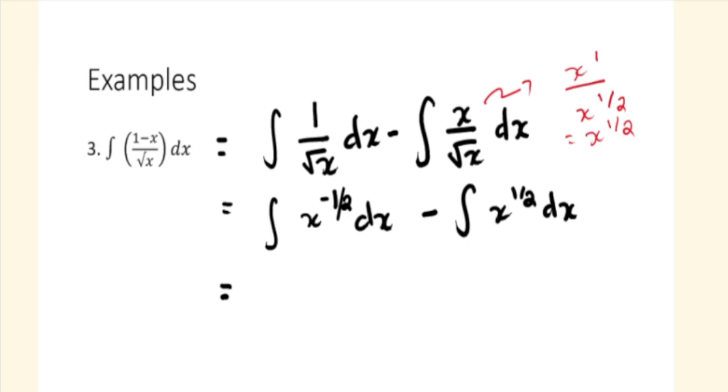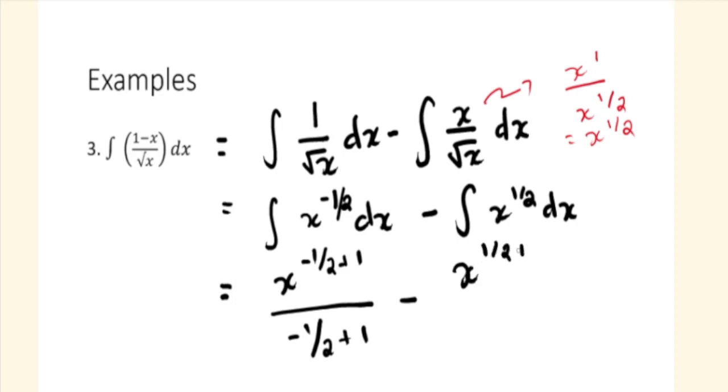Okay, so continuing the process, gamit tayo ng power rule. So x raised to negative 1/2 plus 1 over negative 1/2 plus 1, minus x raised to 1/2 plus 1 over 1/2 plus 1. Then, of course, our constant of integration.